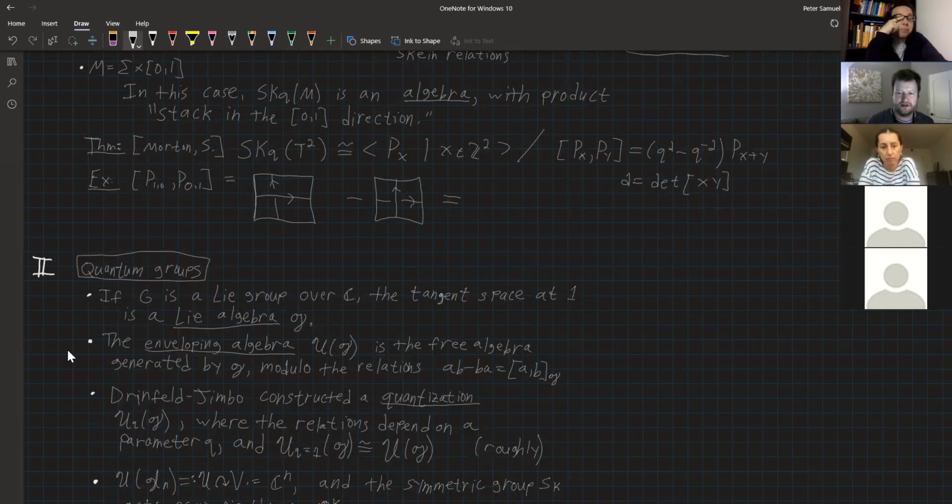Now, I see a crossing here, and away from this crossing, these two curves look the same. So let me circle this in red. If I just look inside of this red circle, I see the left-hand side of the Skein relation.